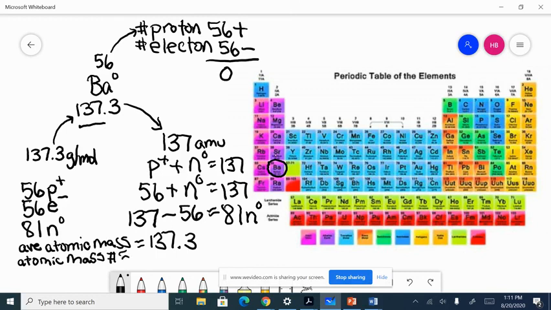That's going to be your round number with no decimals, which is 137. The atomic number, which is the identity, is the number of protons, or 56. So that's all the information. I will come back to barium and I will tell you what this means for isotopes and what this means for ions at a later date.